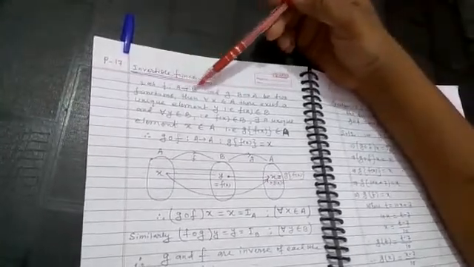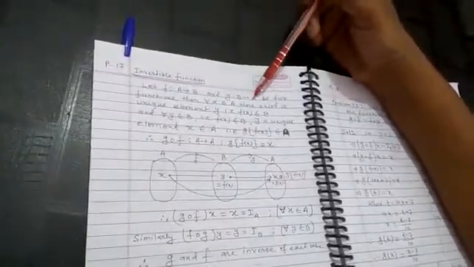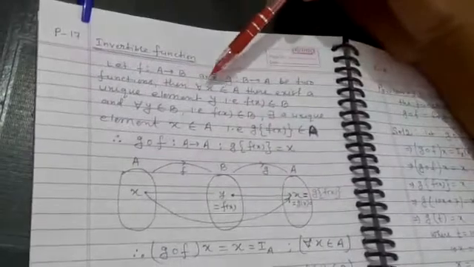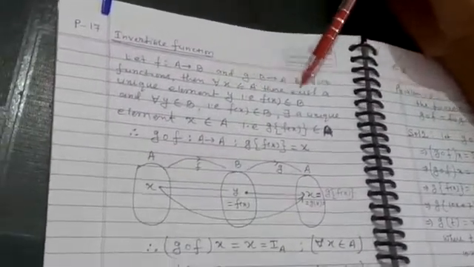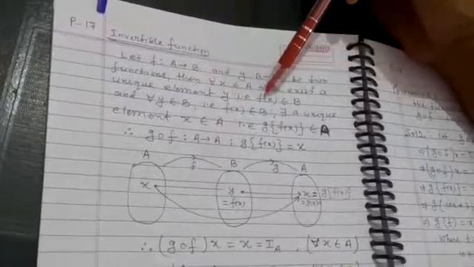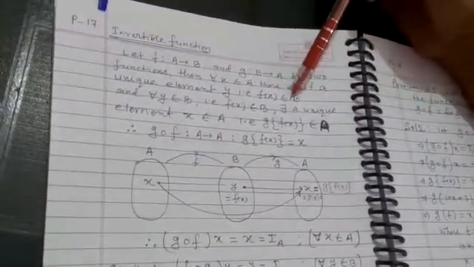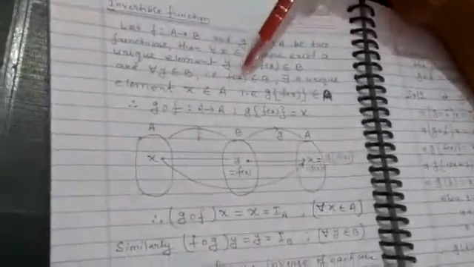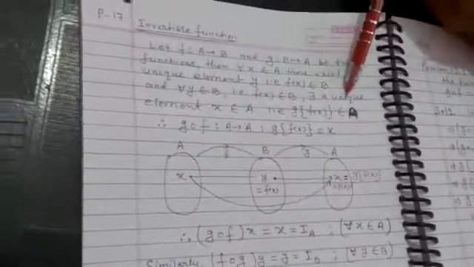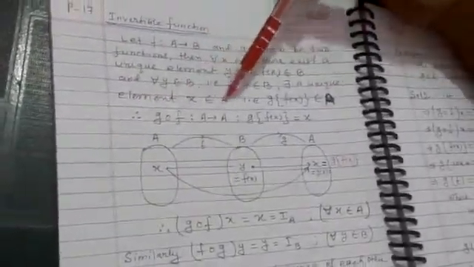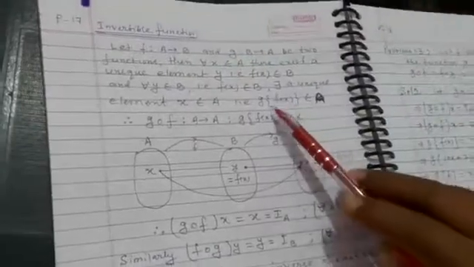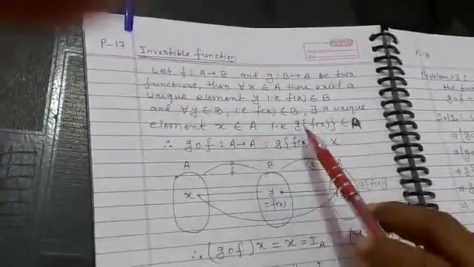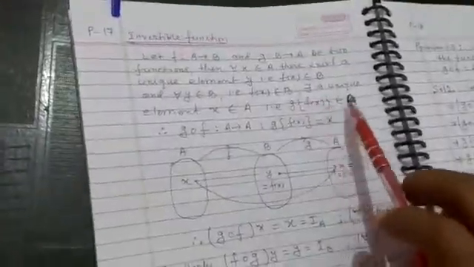Let f be defined from A to B and g defined from B to A, be two functions. Then for all x belongs to A, there exists a unique element y belongs to B, that is f(x) belongs to B. And for all y belongs to B, that is y is f(x), there exists a unique element x belongs to A. So you can say g(f(x)) belongs to A. What is x? x is g(f(x)).